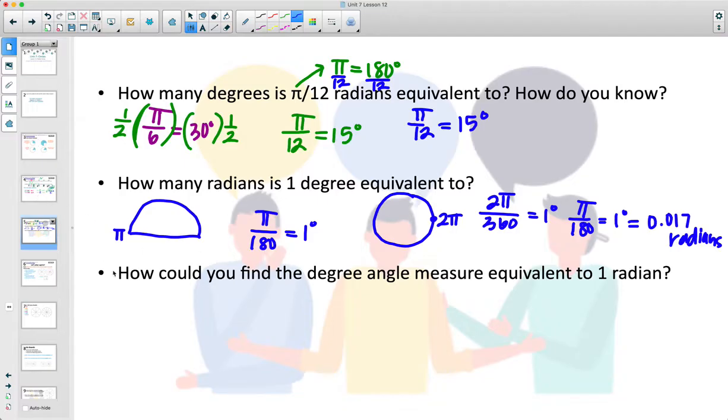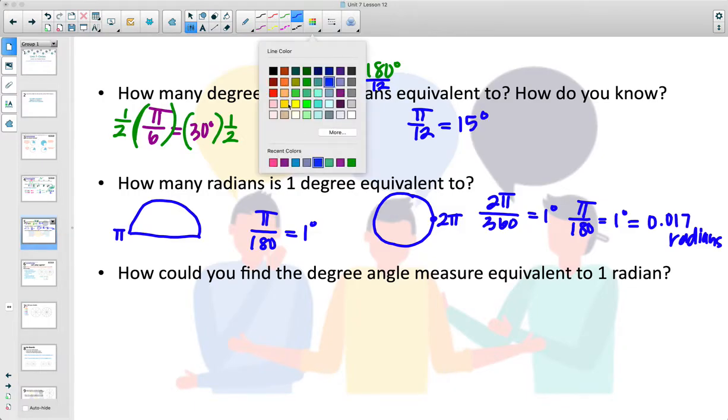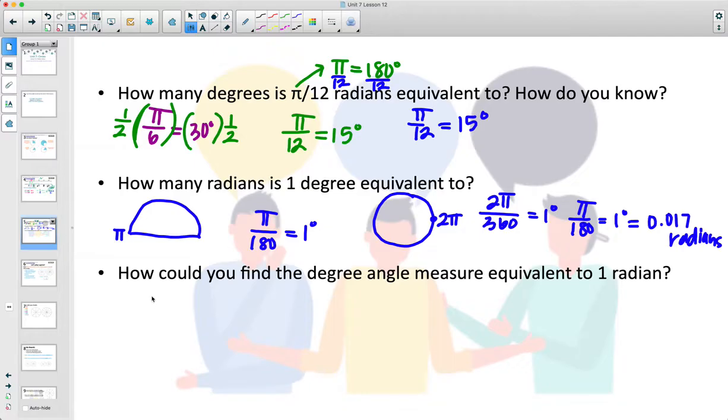How could you find the degree angle measure equivalent to 1 radian? So how could we find the degree angle equivalent to 1 radian? So for this, if you're thinking about proportional reasoning here, we know that pi and 180 are equivalent. So we could be saying, all right, and we need the degree measure here with 1 radian.